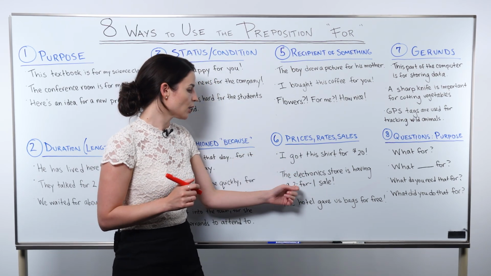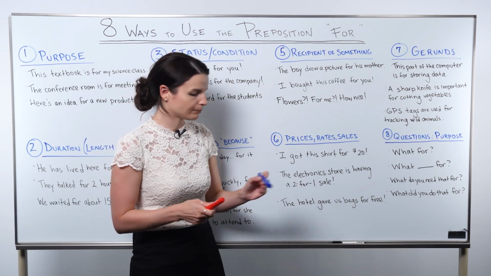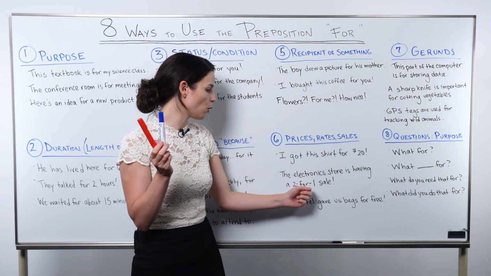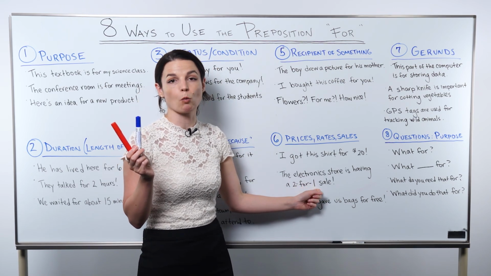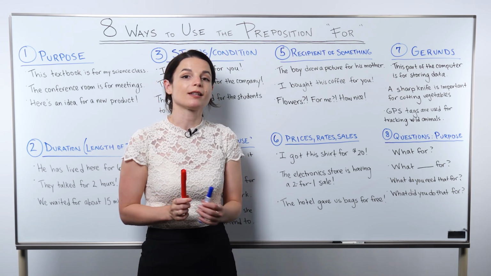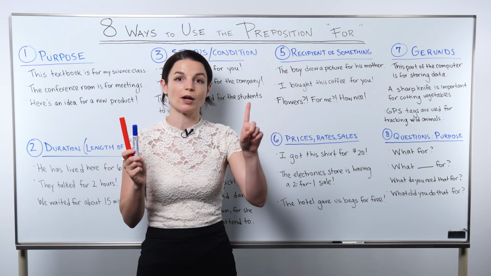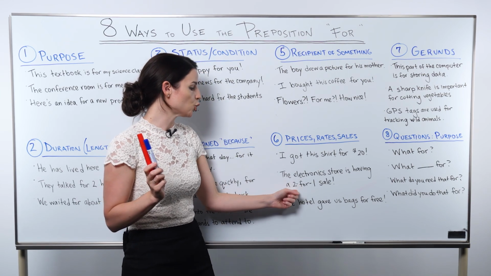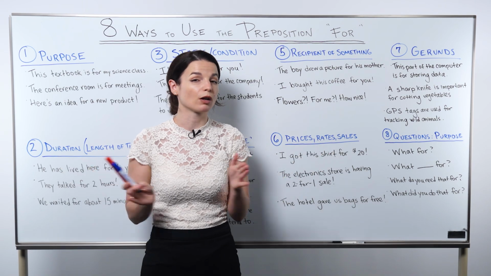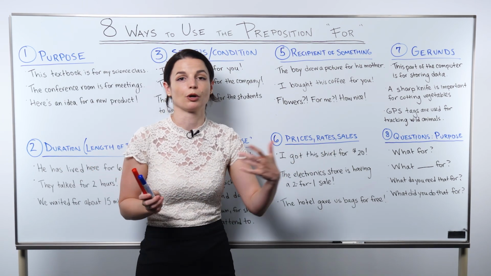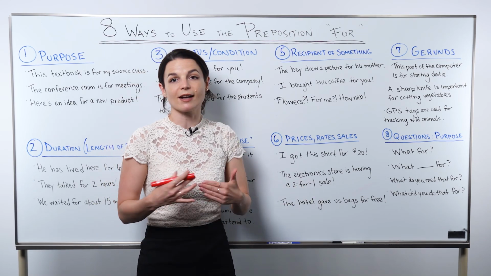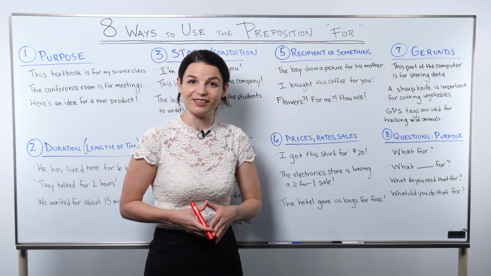But this means you can get 2 objects, in this case markers, for the price of 1. So this means if a marker costs $1, you can get 2 markers for $1. So you can buy 2 items for the price of 1 item. We express this very quickly with 2 for 1 or 3 for 1 and so on. So this expresses the price of an item or the discount rate in this case.